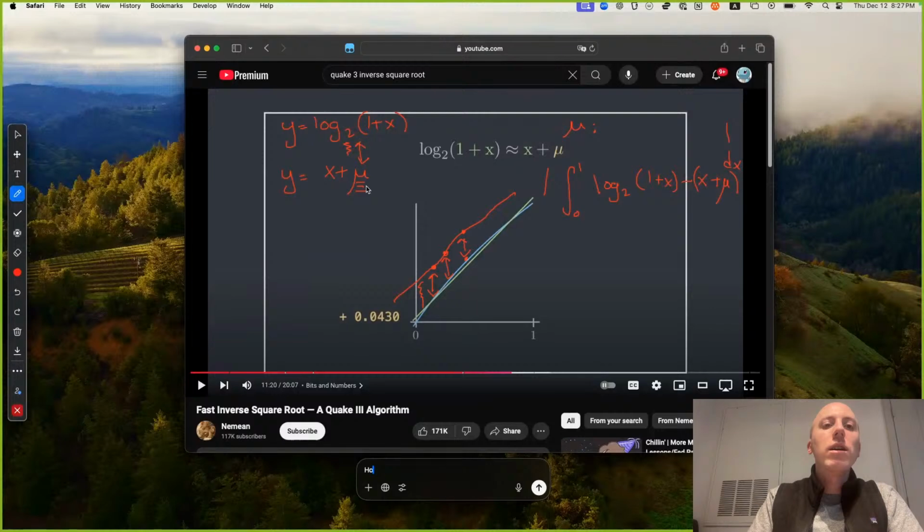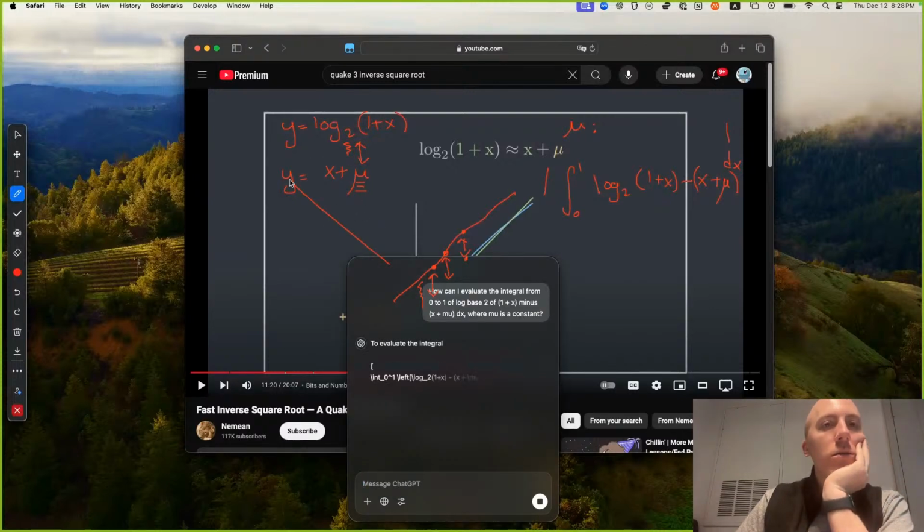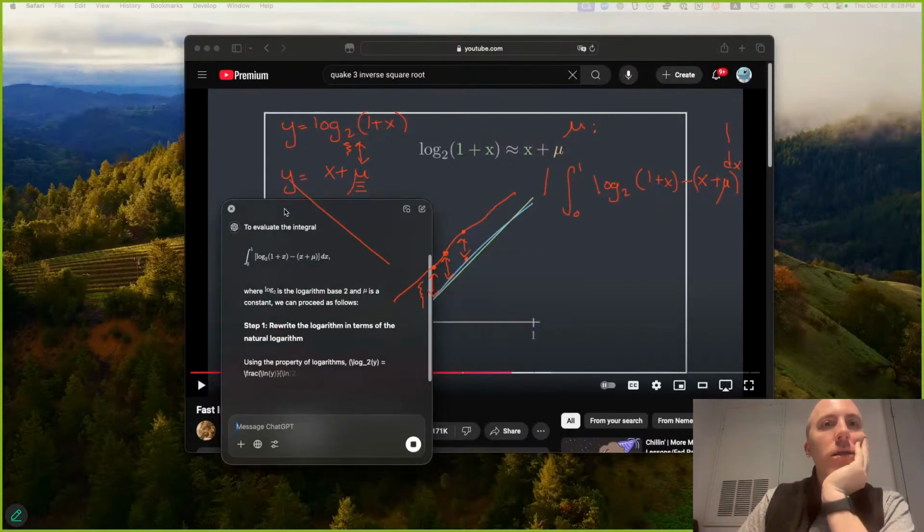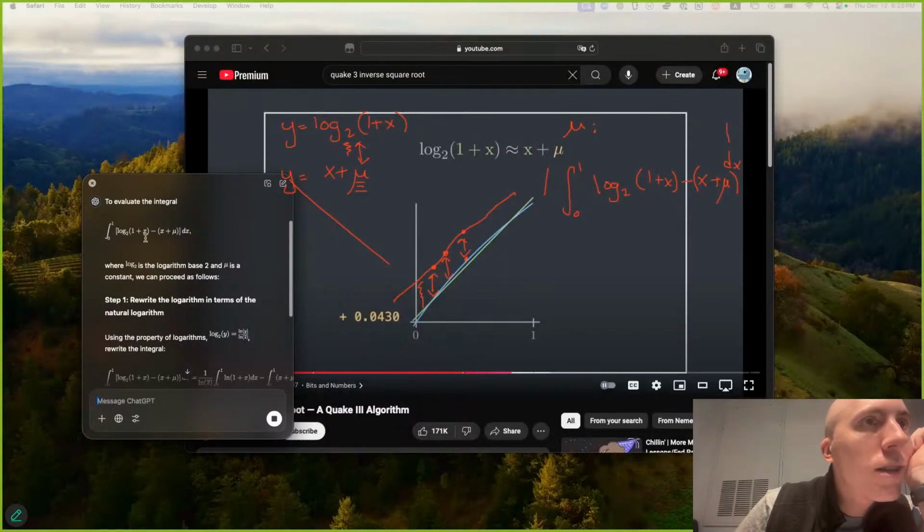So we could ask, how can I evaluate the integral from 0 to 1 of log base 2 of 1 plus x minus x plus mu dx, where mu is a constant. Curious what it'll say. Okay, got it.